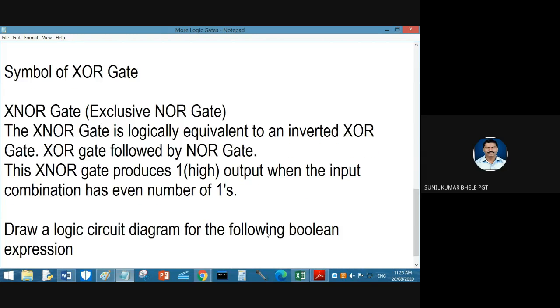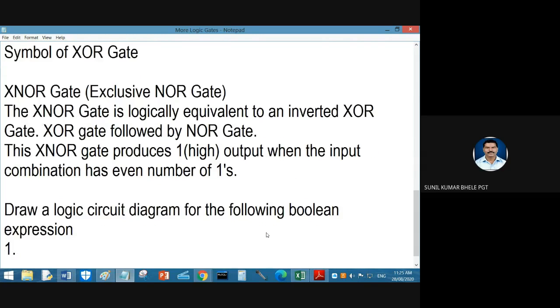Number one is A dot B plus C. I am giving you 30 seconds. Within 30 seconds, please draw the gate for this Boolean expression A dot B plus C. Whoever I ask, he or she has to show me his or her notebook.